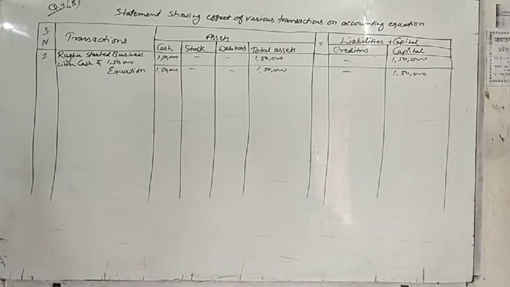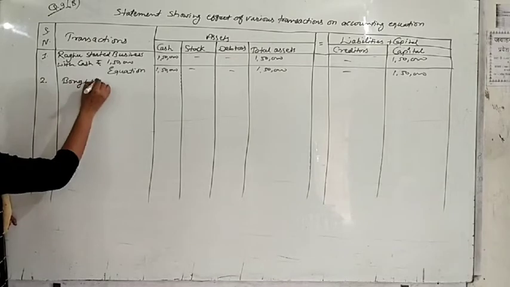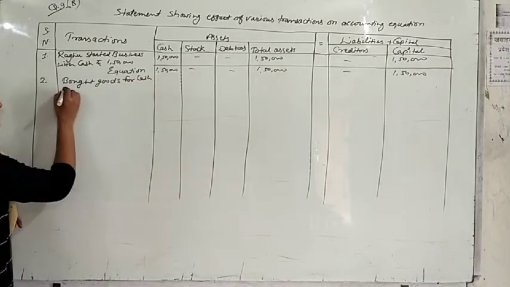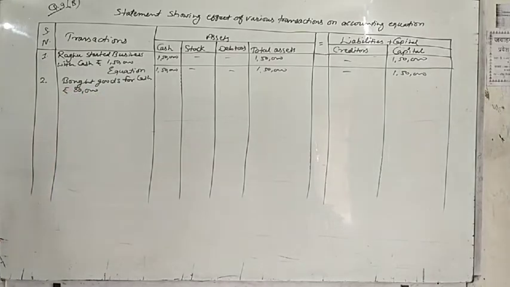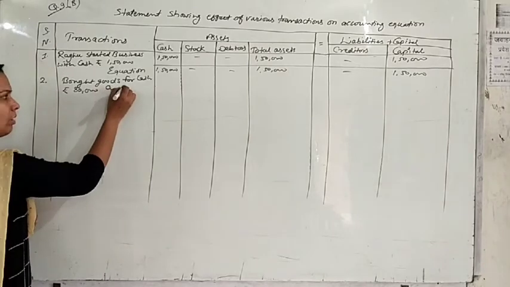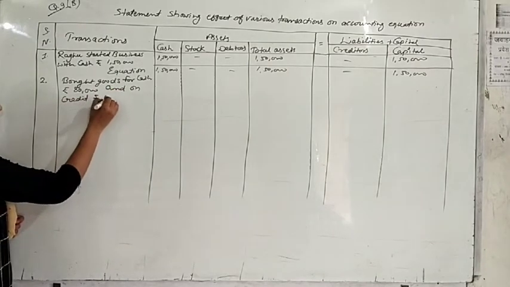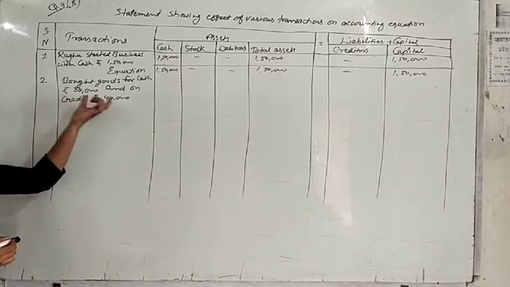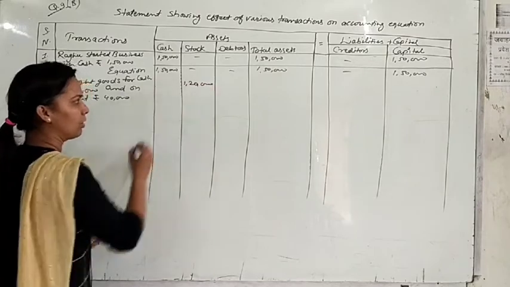Second point, bought goods for cash rupees 80,000 and on credit rupees 40,000. First of all check what is the total amount of stock you purchased. 80 plus 40, it means 1,20,000 will increase your stock.